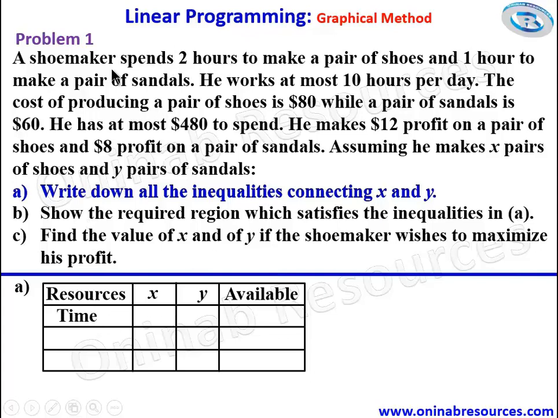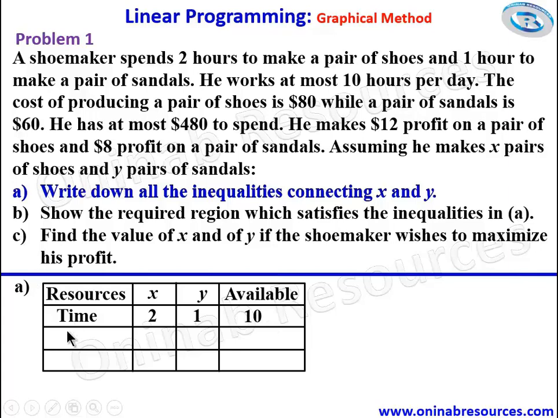The time for producing a pair of shoes is 2 hours, so we have 2 hours here. And the time for producing a pair of sandals is an hour, so we have it there. And he works at most 10 hours, so the available time for him per day is 10.